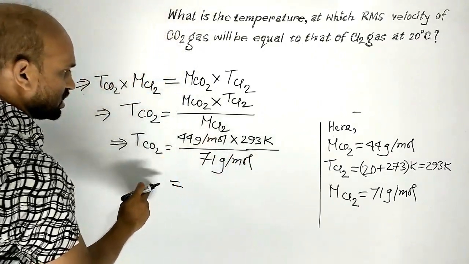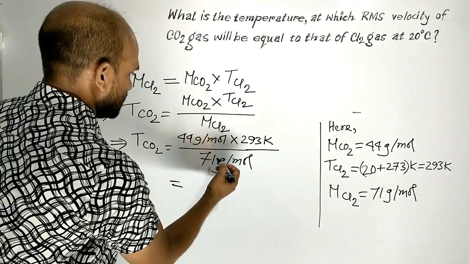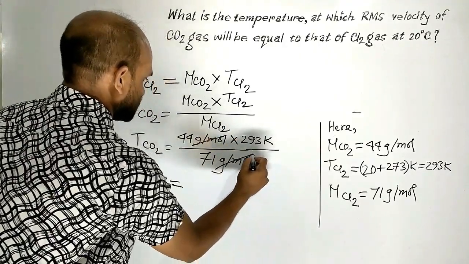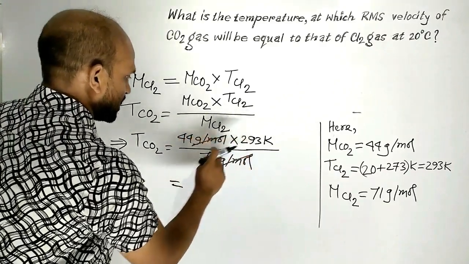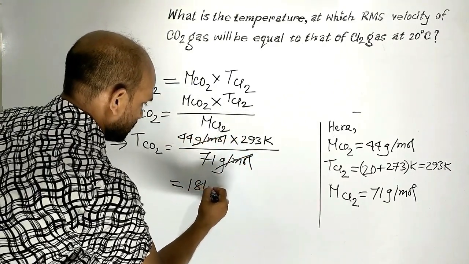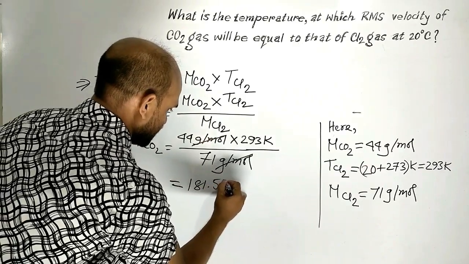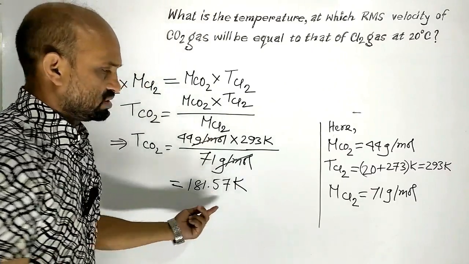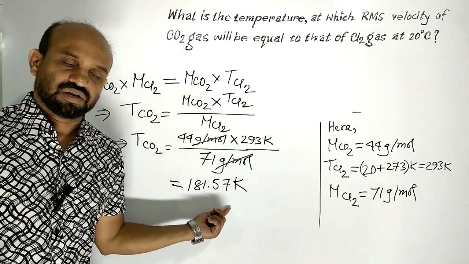From this we can write here gram per mole will cut. Then from these values we get 181.57 Kelvin. This is at Kelvin scale.